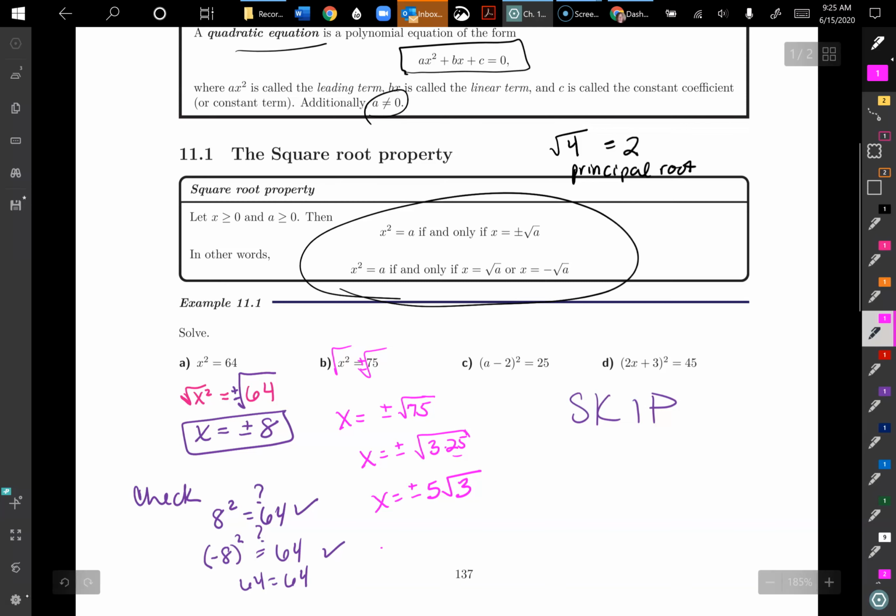And if I wanted to approximate, plus or minus 5 times the square root of 3 would come out to be, if you hit usually the second key on your calculator and then the square root and then hit the 3. Make sure you arrow over if you're on that multi-view to get out from under the radical, then hit enter and you'll still see radical 3.